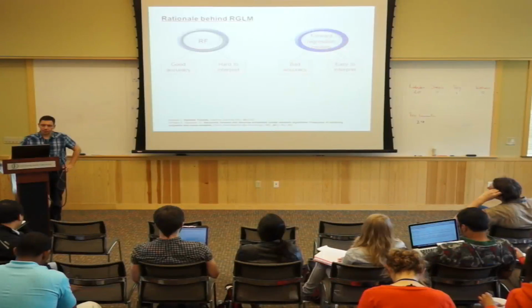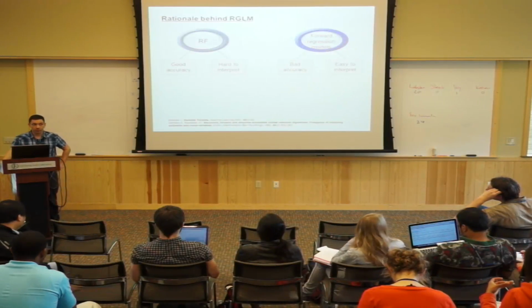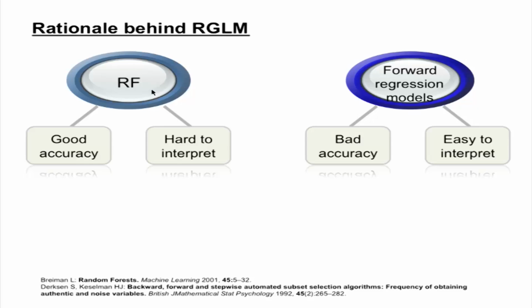Now, the rationale behind the random generalized linear model predictor is the following. It really combines the advantages of 2 different types of approaches. The first approach is the random forest predictor. Its main selling point is, of course, its incredible accuracy.